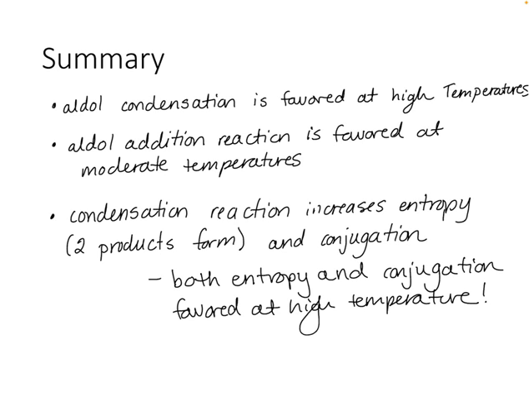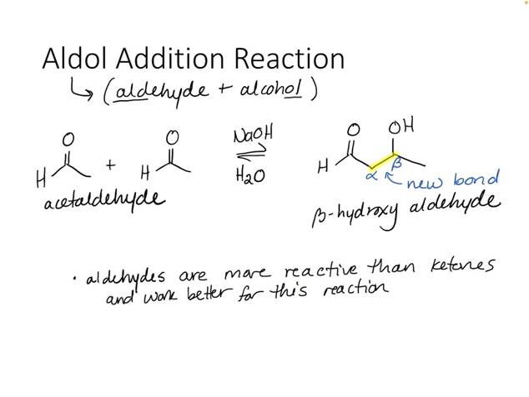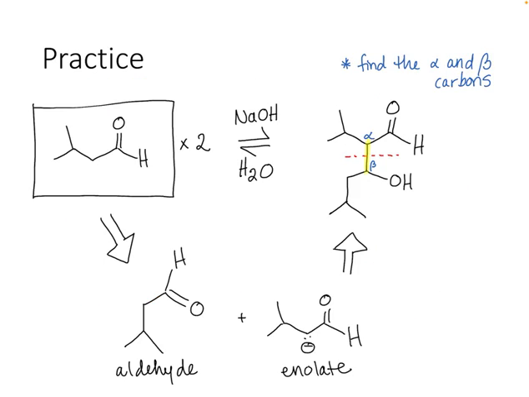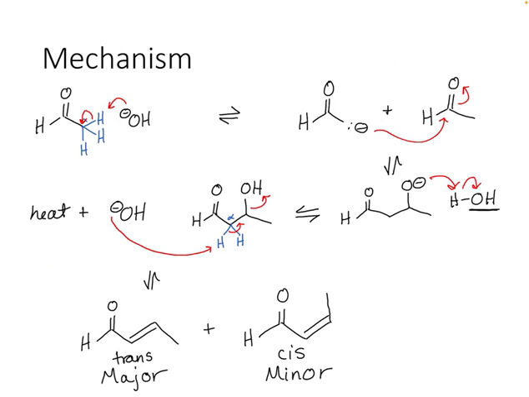So let's go back. Let's actually look at our aldol addition reaction. So notice that the entropy decreases for this reaction because we're taking two starting materials. So we have 2 moles of starting material, and we're turning that into 1 mole of product. We also don't have any conjugation in that product there. But then if we look at our aldol condensation reaction, here we go.